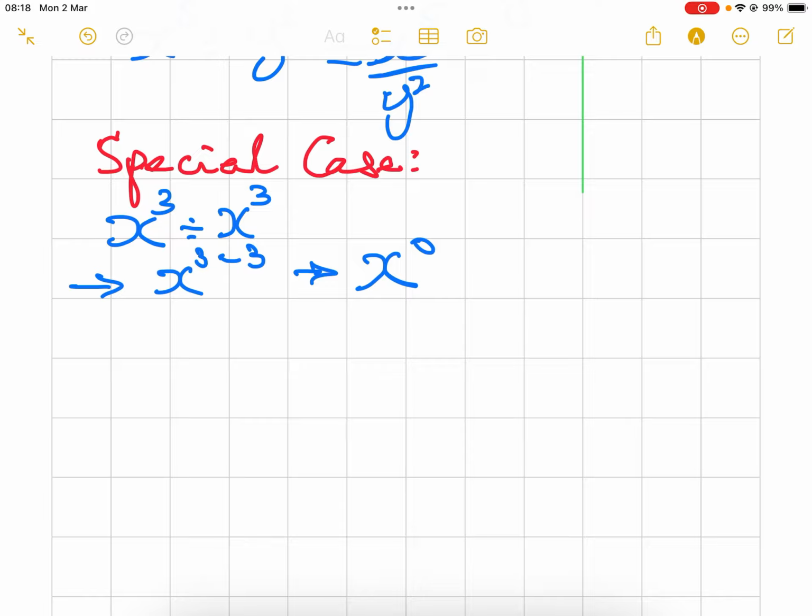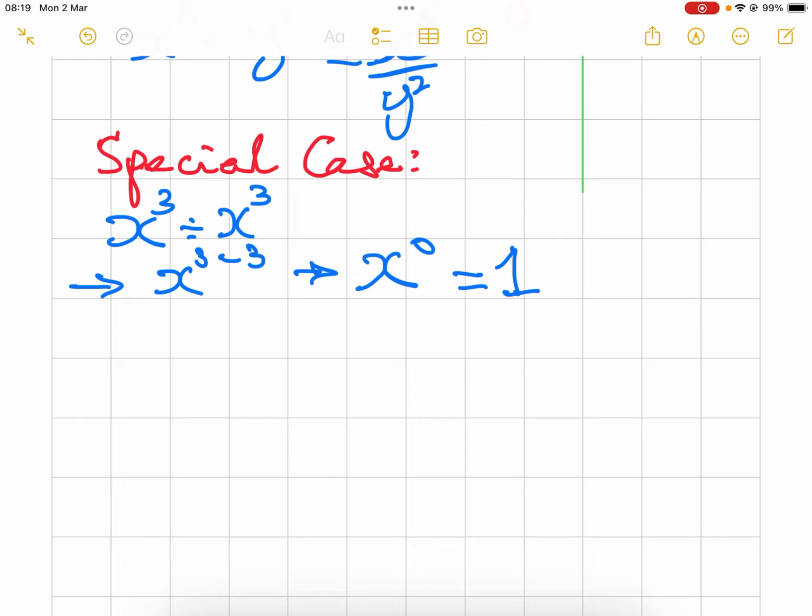This becomes x raised to power 3 minus 3, which is x raised to power 0, which is equal to 1. Remember that any non-zero number raised to power 0 equals 1. So x raised to power 3 divided by x raised to power 3 is equal to x raised to power 0, which is 1.